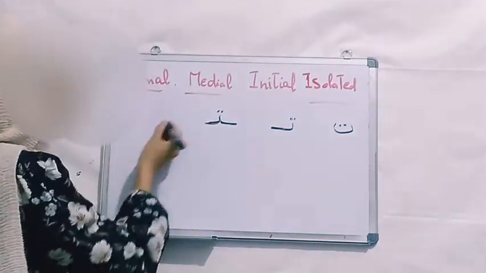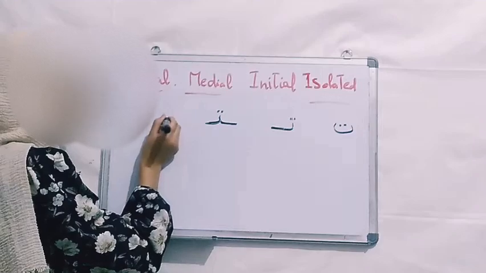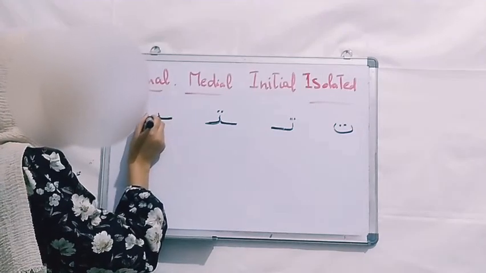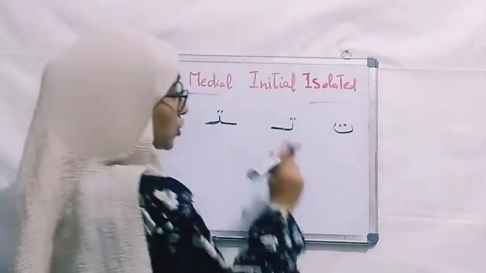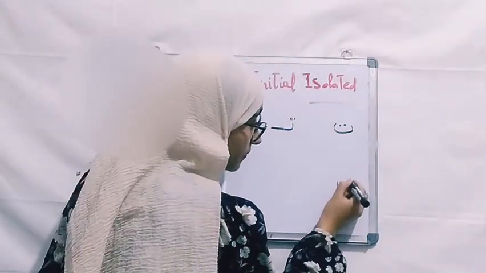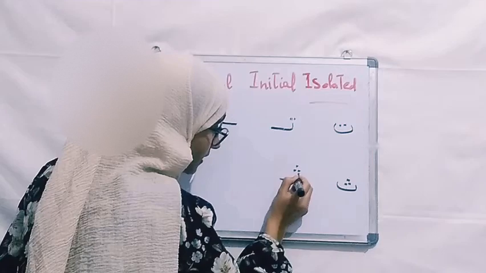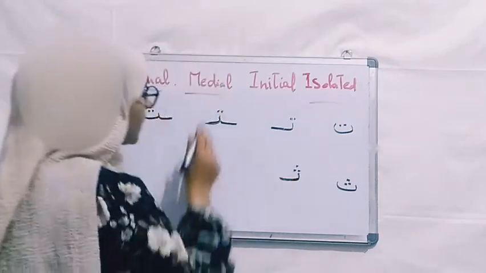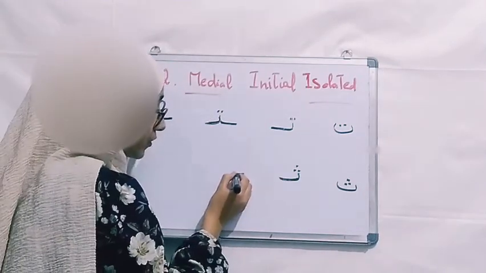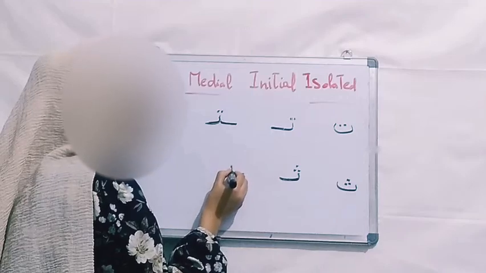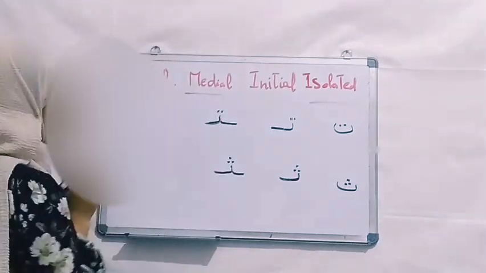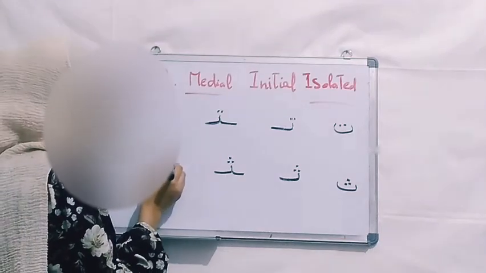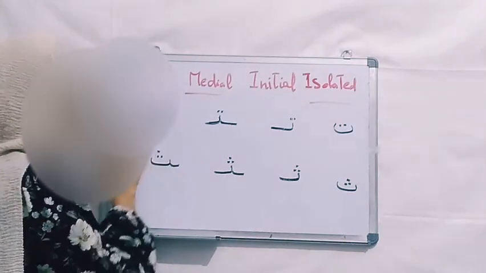In the final form, you keep the connecting line and write ta as in isolated form. For tha, you write tha, then keep this straight. In the middle form you have to put three dots. And the final form of tha is also like ta.